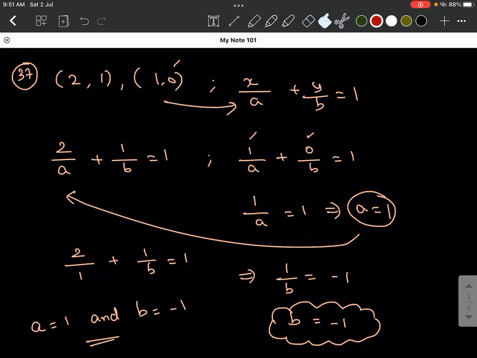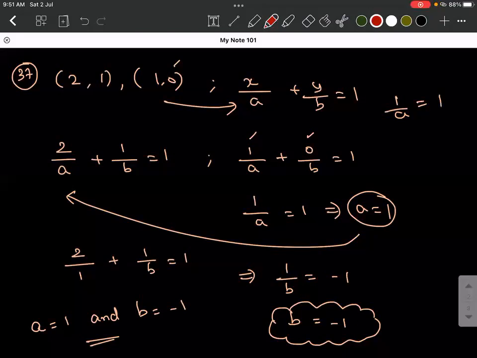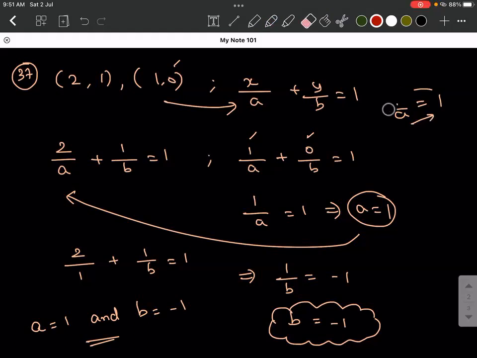So you want to take reciprocal before itself. 1 by a is 1. Cross multiply. A will go there, 1 will come to the denominator. You just take reciprocal, that's it. Why complicate?